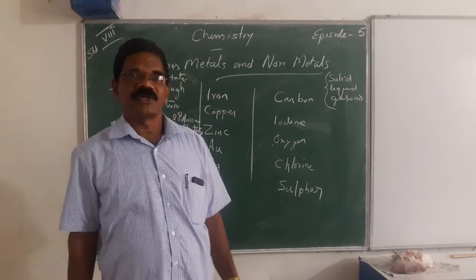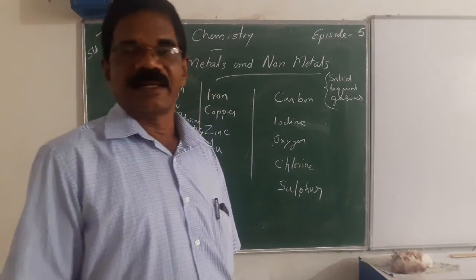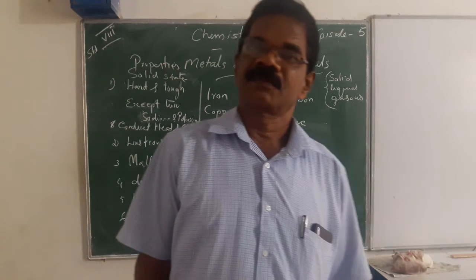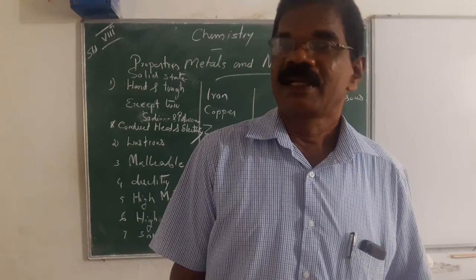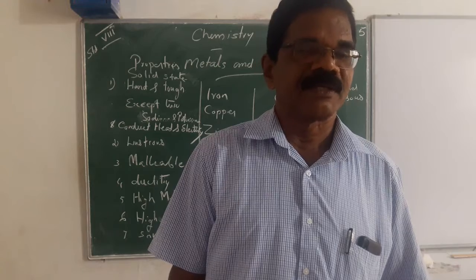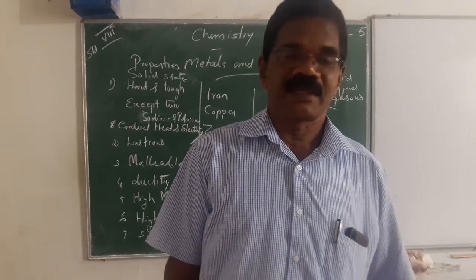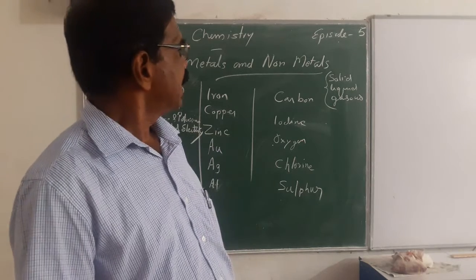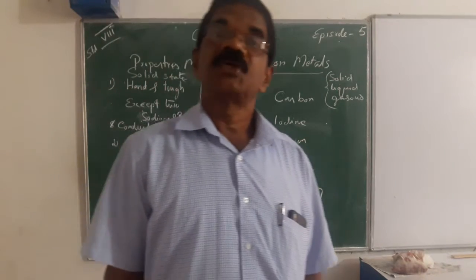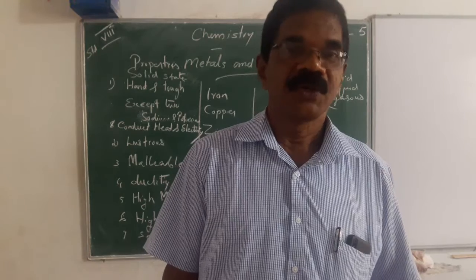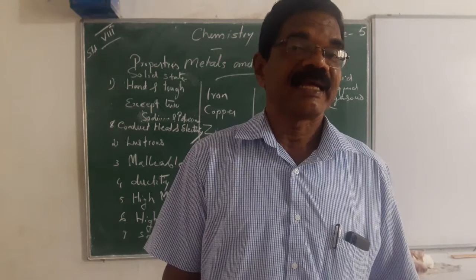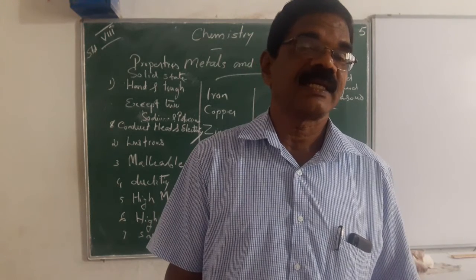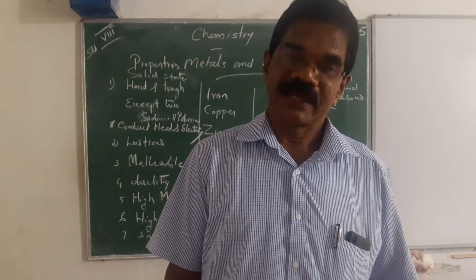For example, you know that oxygen and chlorine are found in the gaseous state, bromine in the liquid state, and iodine in the solid state. So non-metals may be in solid, liquid, or gaseous form.